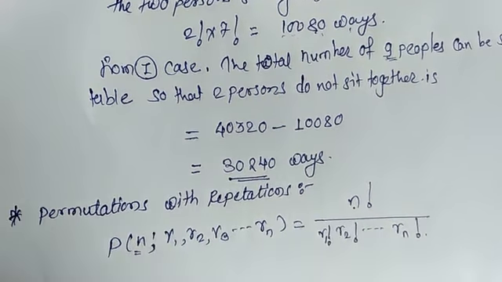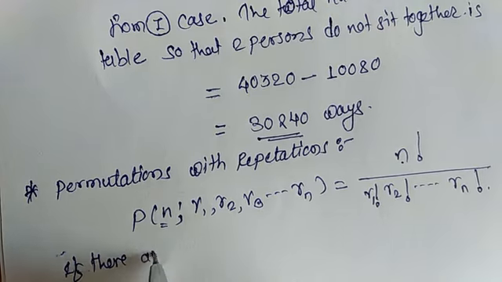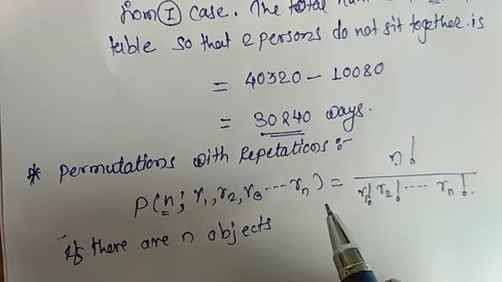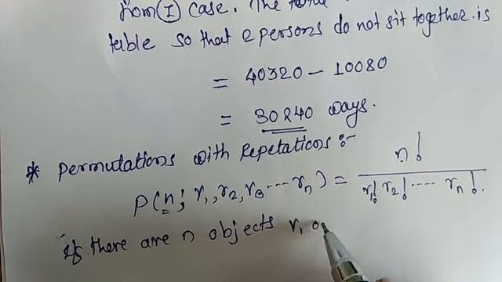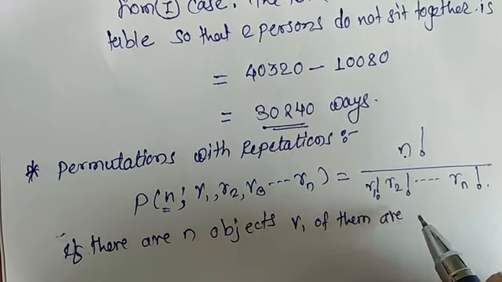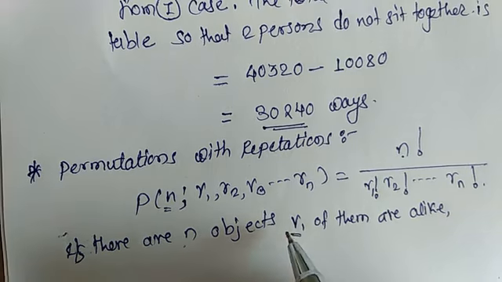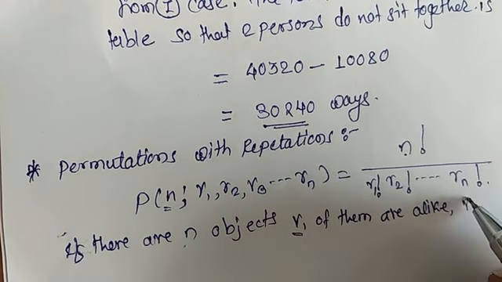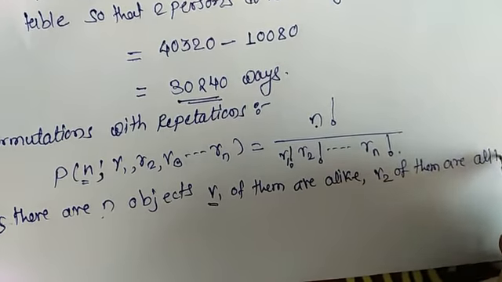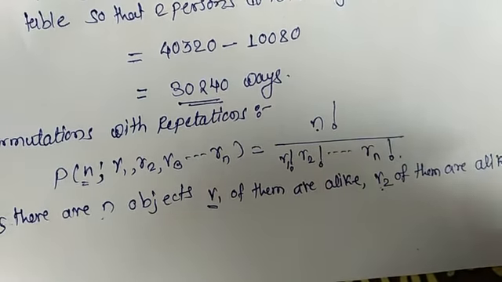That means if there are n objects, R1 of them are alike. That means from n, R1 elements are the same. R2 of them are alike, that means R2 elements are the same from the n objects.